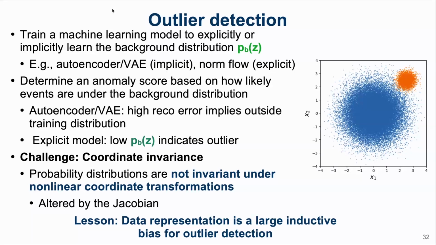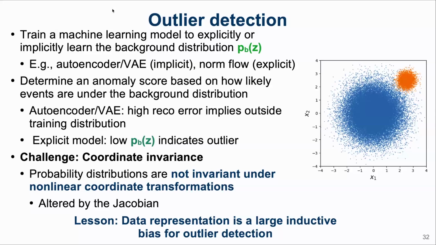The real challenge here, and why I consider it a method of last resort, is the coordinate invariance problem. Probability densities are not invariant under any coordinate transformation that has a Jacobian, so anything that's nonlinear. Likelihood ratios of densities are invariant, because the Jacobian cancels in the numerator and the denominator. So if you say something is low density, that's low density under some coordinate system, right?